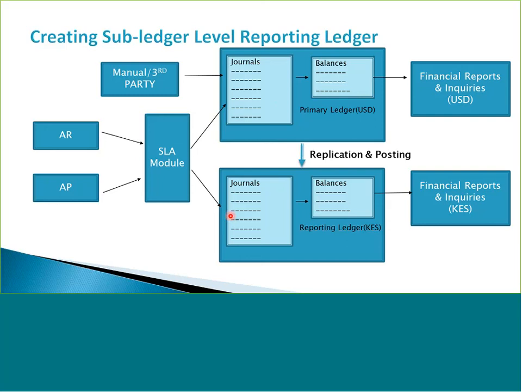Okay. However, everything else remains the same for other modules. So if you have manual or third-party modules, and this is now the correct representation, they will be entered into the primary ledger, and then once we do the posting, they will be replicated and converted into foreign currency and then posted in the reporting currency ledger.